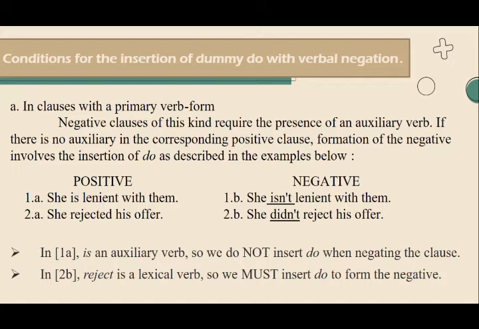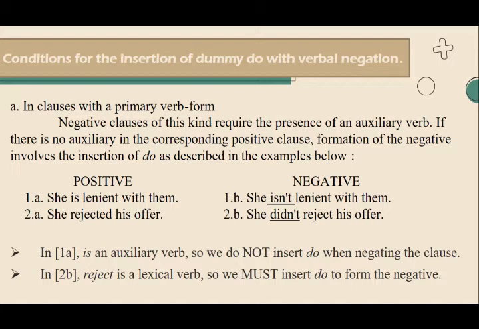So let's see the positive examples here. The first one is she is lenient with them, and the second one is she rejected his offer. And let's see the negative examples. She isn't lenient with them. And the next, she didn't reject his offer.